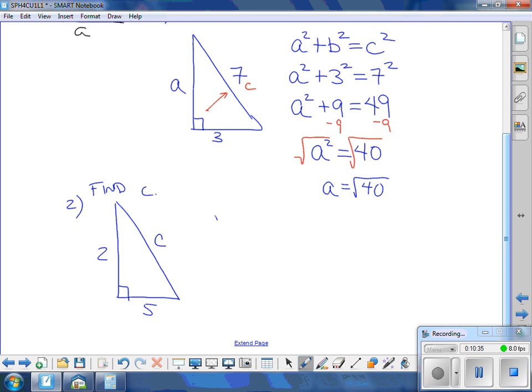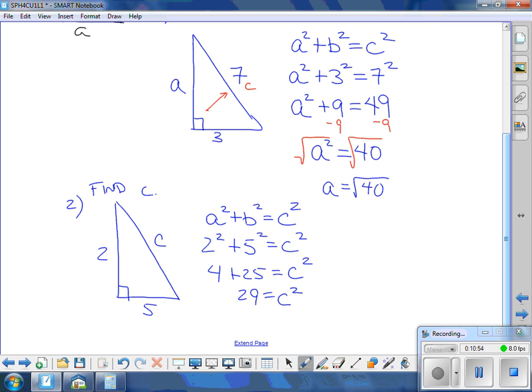Again, you set it up, a squared plus b squared equals c squared. 2 squared plus 5 squared is c squared. 4 plus 25, make sure you square them first before you add them. 29 is equal to c squared. Take the square root of both sides, and you get c equals the square root of 29. And again, you can punch it. I don't care if you give me a decimal. It doesn't matter to me one way or the other.